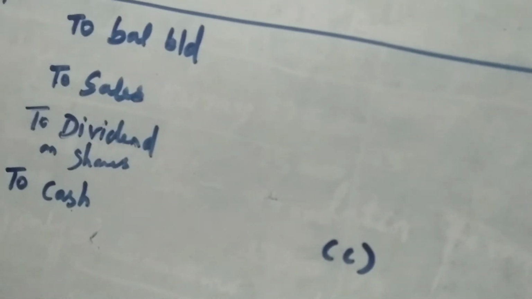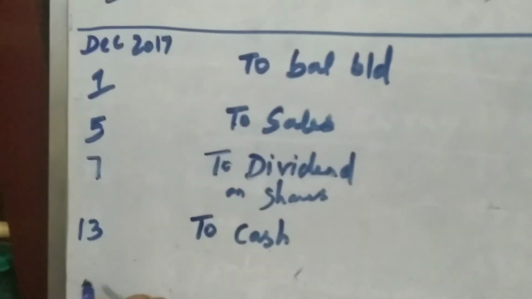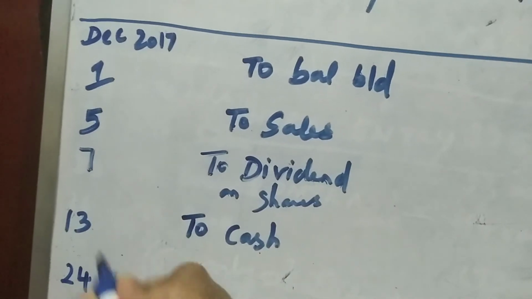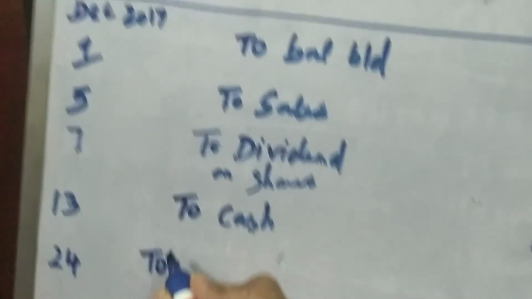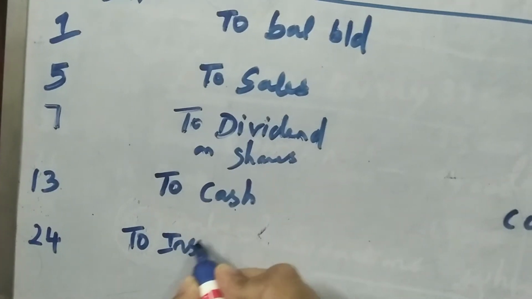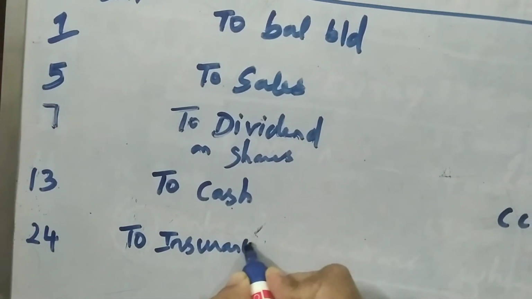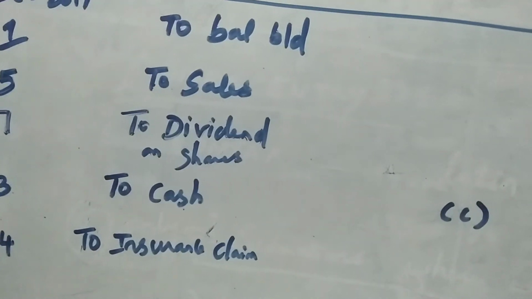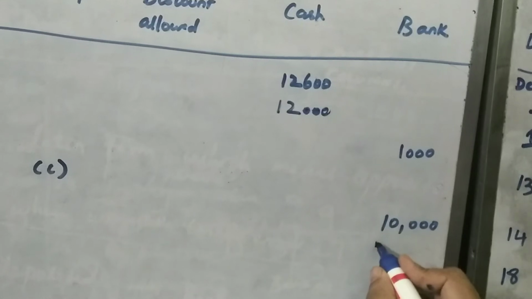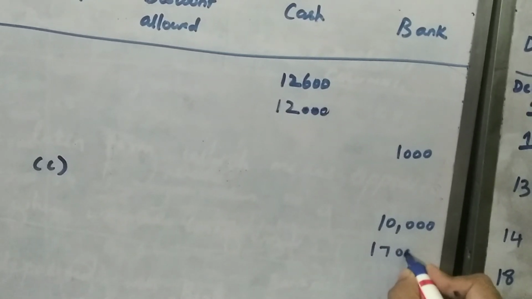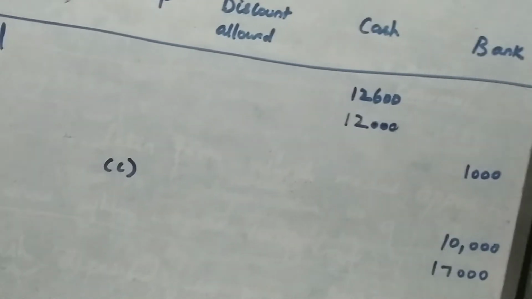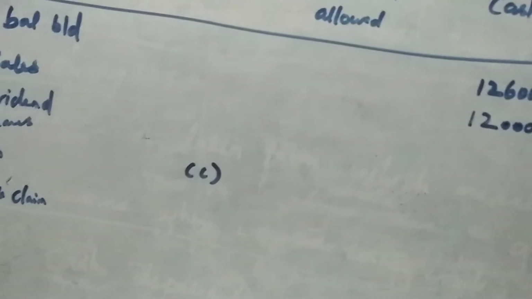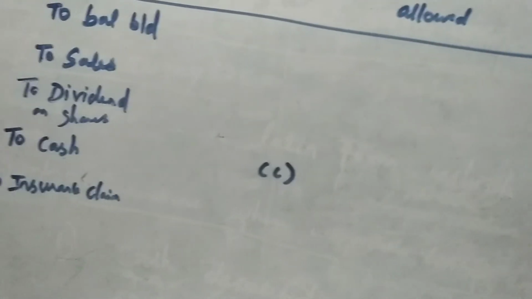Then the next one, insurance claim received by check and deposited into bank. So on 24th, it is a receipt. So write it on the receipt side. To insurance claim, 17,000 in the bank column. Then 28th, cash received from Bhaskar.